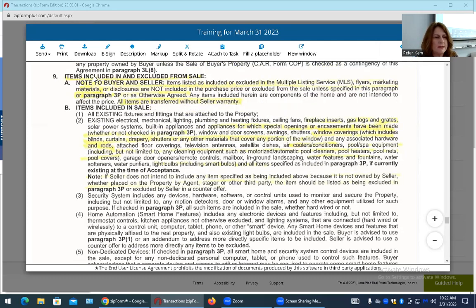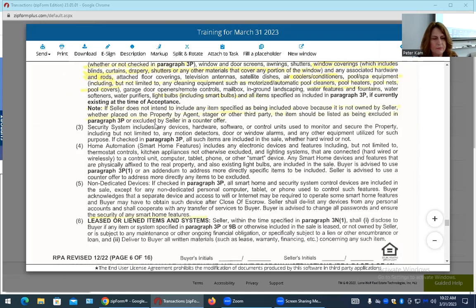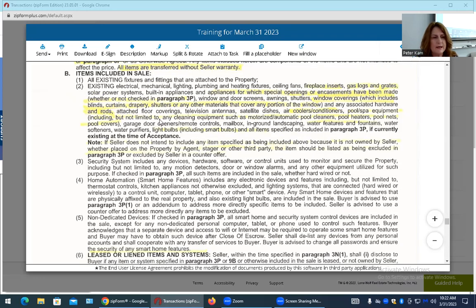So I always say read 9B, but here it is right here, because there's a lot of things that are included that we wouldn't even think about. Okay. So just as a pro tip, read this with your client and make sure that they're willing to release all of those with the sale. They need to be left with the property.